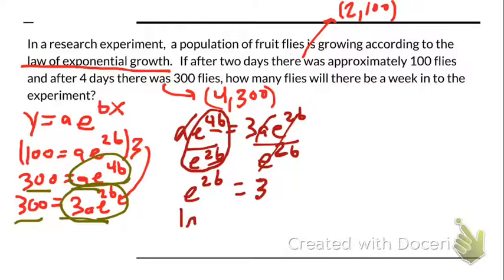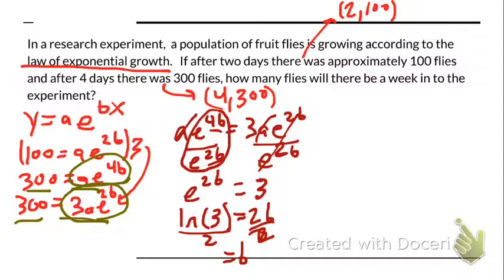Now if we put this in log form, the base is e, so it's a natural log, the answer is 3, equals the exponent 2b. So to figure out what b is, we divide both sides by 2, and we get b is equal to the natural log of 3 over 2.